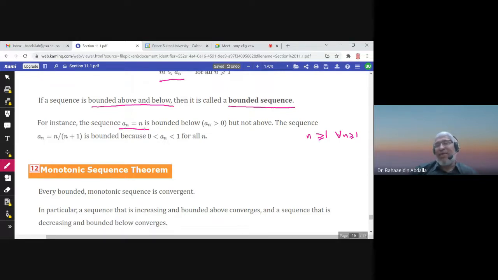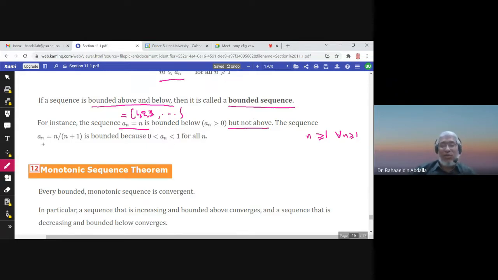Write the sequence: the first number is 1, 2, 3. All the terms of the sequence are greater than or equal to 1, so it's bounded below by 1. But it's not bounded above because the terms continue 4, 5 up to infinity. So this sequence is not bounded above, so it is not a bounded sequence. We do not call it a bounded sequence.